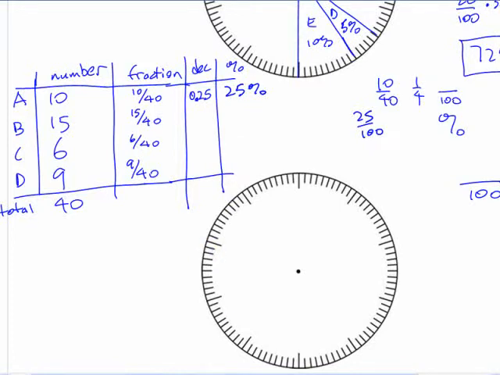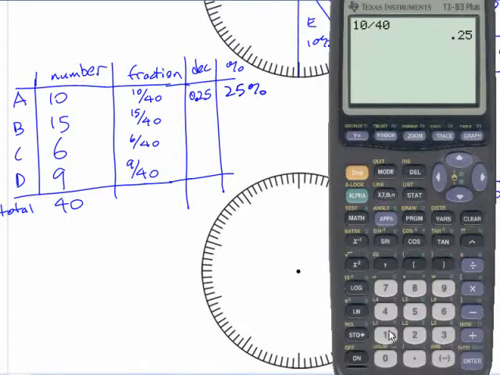15 out of 40. Let's go back to the virtual calculator here. 15 divided by 40. It gives me that as a decimal. Now that's not 375 out of 100. What you look at is the first couple decimal places here, because those are the tenths and the hundredths, right?